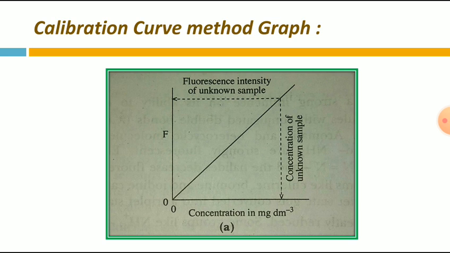So this is the calibration curve method. We have already seen it two to three times. It is the same as the previous one, just the intensity, or you can say the instrument, will be changed, but the graph will be the same.